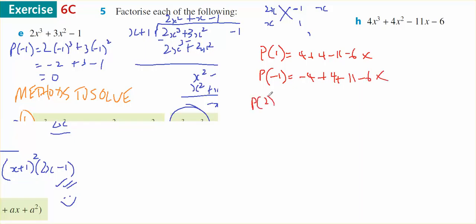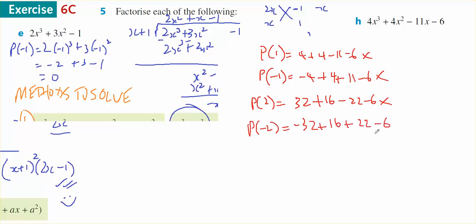P of 2 will give me 2 cubed is 8, 4 eighths are 32, and 2 squared is plus 16 minus 22 minus 6, that's 28, so that's no good. And P of minus 2 should give me minus 32, still plus 16, plus 22 minus 6, that's 0. Found one.